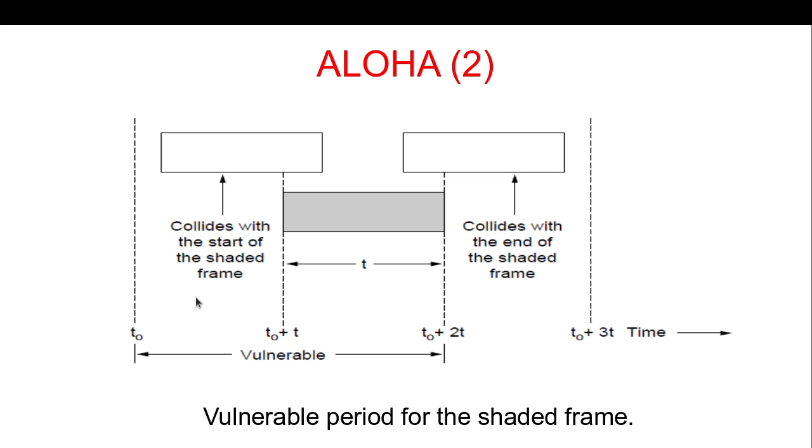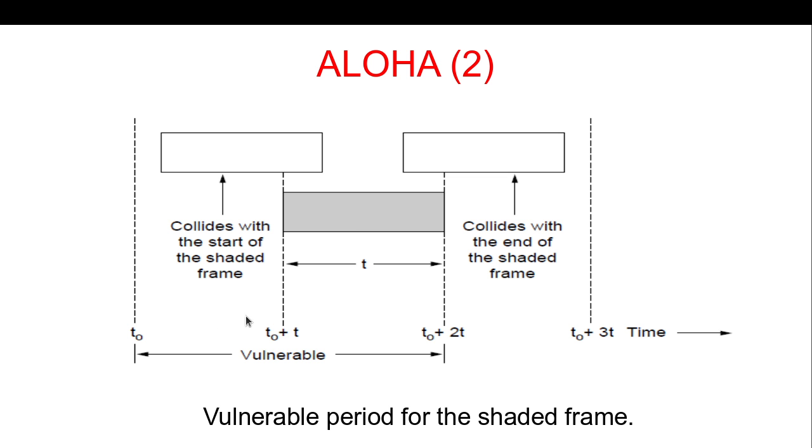The crux, or the conclusion here, is that while the shaded frame with frame time t is being transmitted through the channel, if any frame is generated anywhere between t0 and t0 plus t, or between t0 plus t and t0 plus 2t, which is exactly equal to 2t, double the frame time, that frame is surely going to collide with the shaded frame.